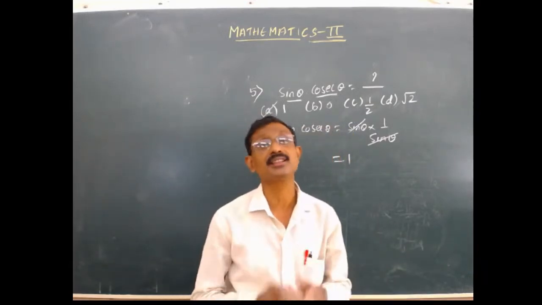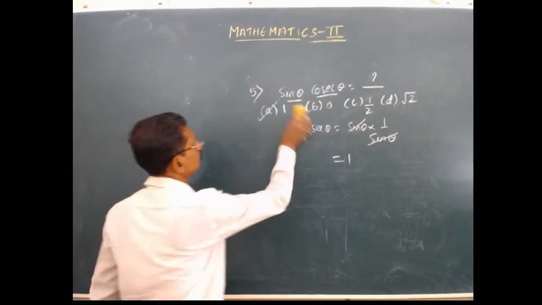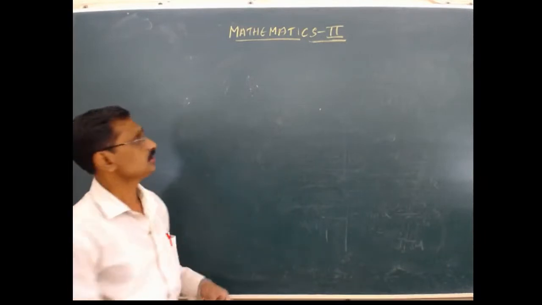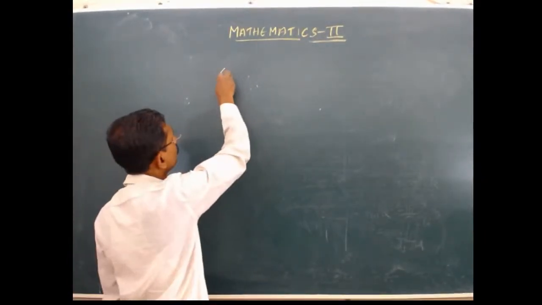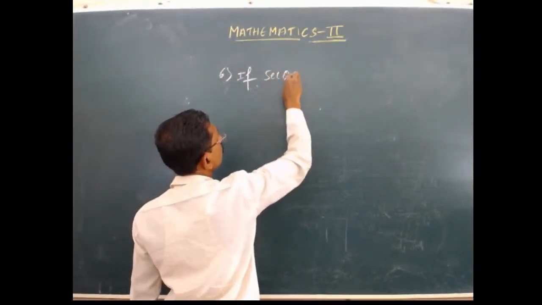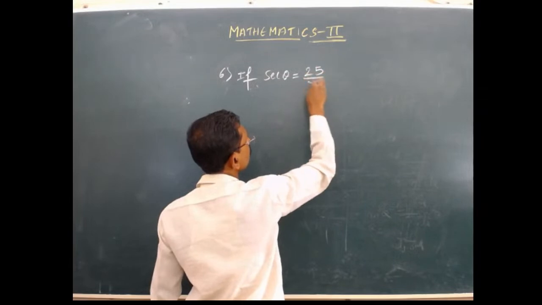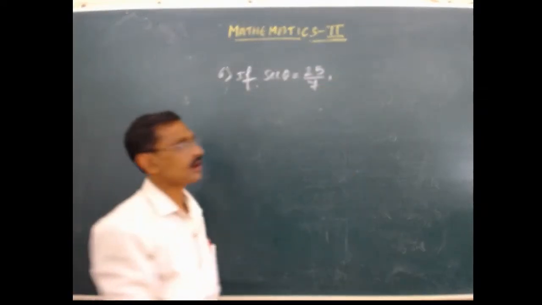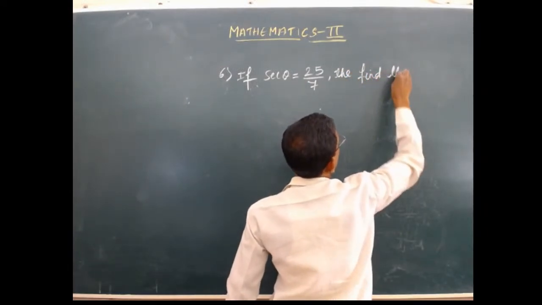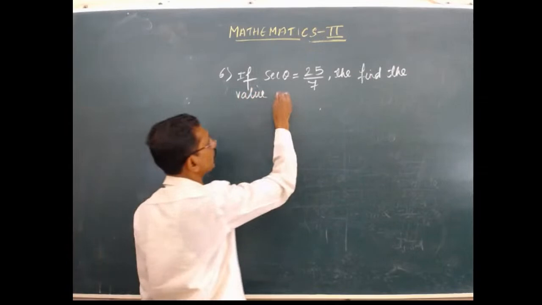Let us see our next question. If sec theta is equal to 25 upon 7, then find the value of tan theta.